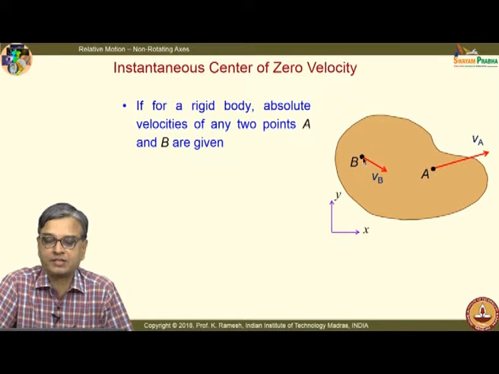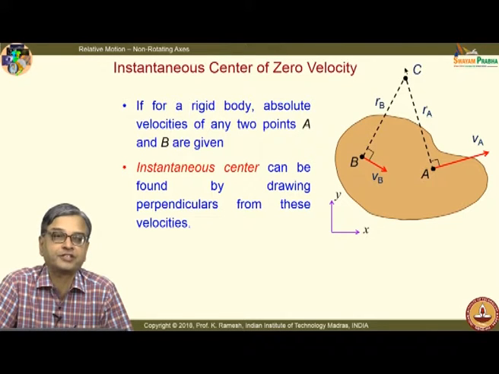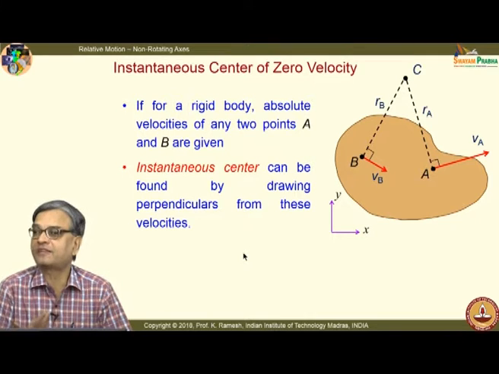So, I have the velocity Vb like this and velocity Va like this, and if I have to find the instantaneous center of 0 velocity, just draw perpendicular lines from these and they meet at a point, and this is your instantaneous center of rotation. And it is very clear because the body rotates about this point, so the velocity is perpendicular to that. So, you use that property to find the instantaneous center of rotation.